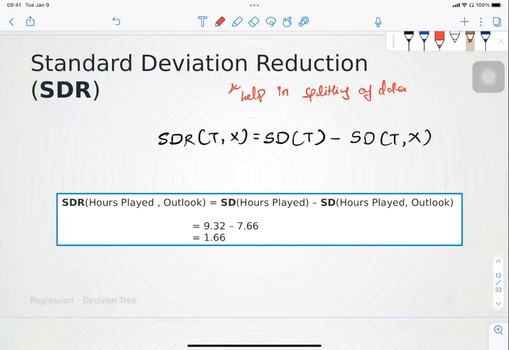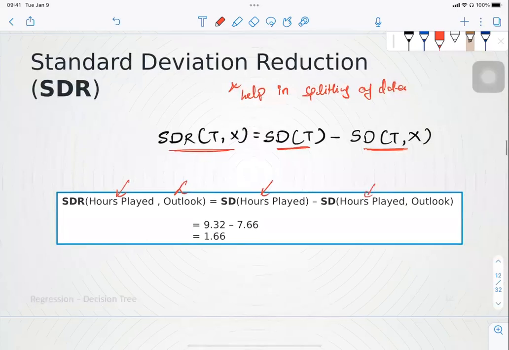This is the basic formula for, let's say, two variables. The standard deviation reduction for two variables is given as SDR(T, X) = SD(T) - SD(T, X). Let's say we want to find the standard deviation reduction for hours played and outlook. It would be the standard deviation of hours played subtracted from the standard deviation of hours played with outlook.